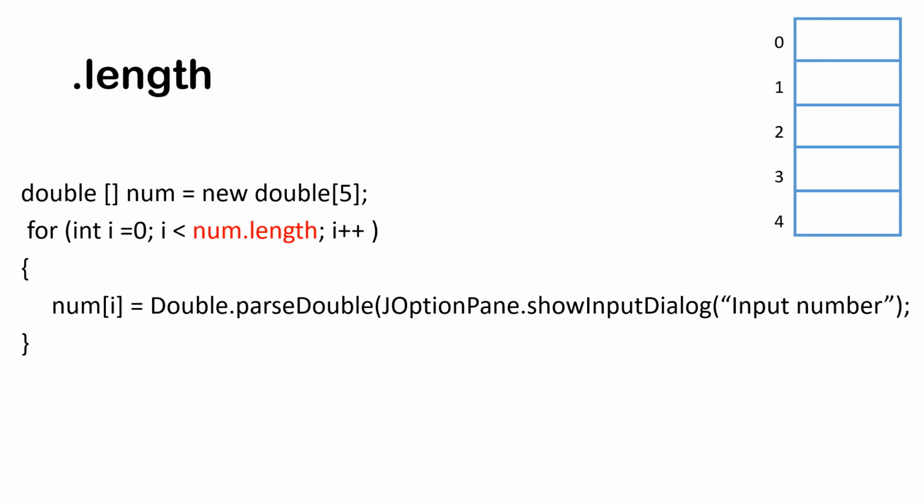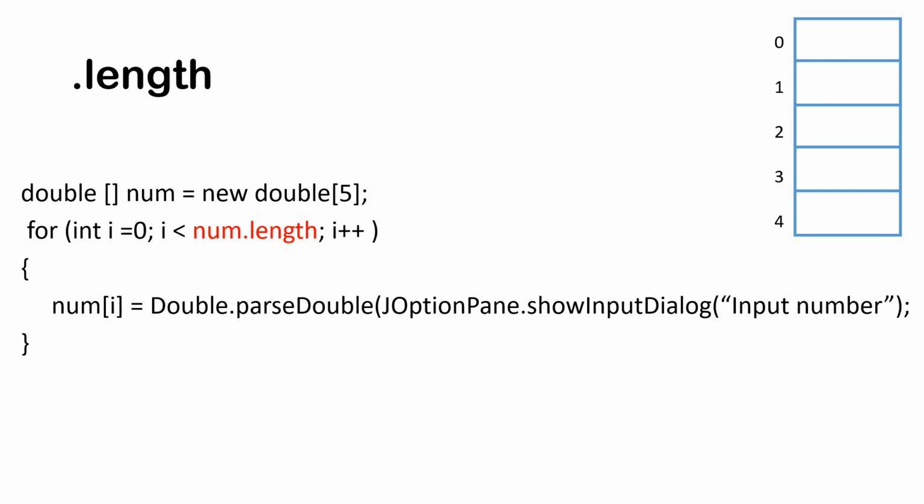So if we declare double[] num = new double[5], so we've got an array of 5 real numbers, we can say for (int i = 0; i < num.length; i++). Instead of putting a 5 here, I'm saying num.length because num.length is 5. There are 5 cells in this array.